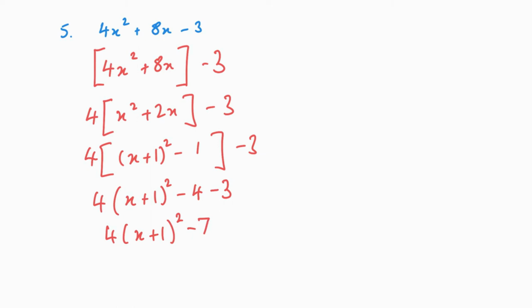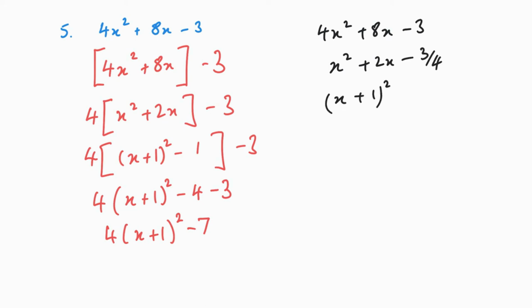One thing to note here, and I've seen this done many, many times, is when someone just divides through by 4. Starting off with, say, this, I divide through by 4, and they get something like this, and then they go about completing the square of this. But there's a big problem.